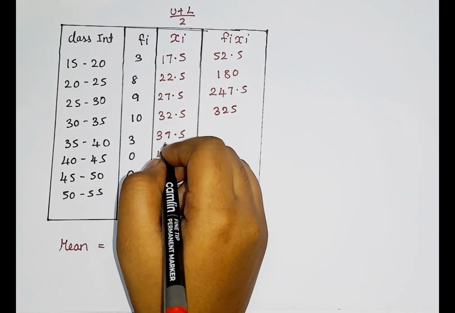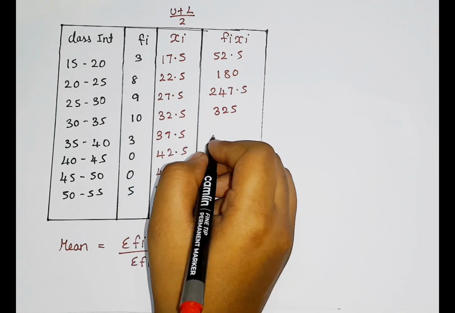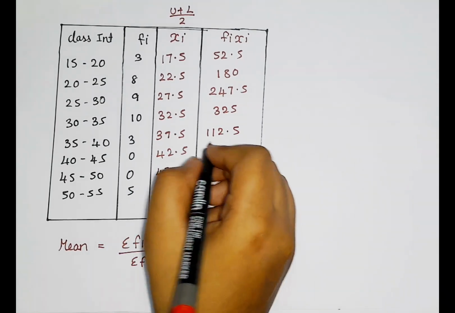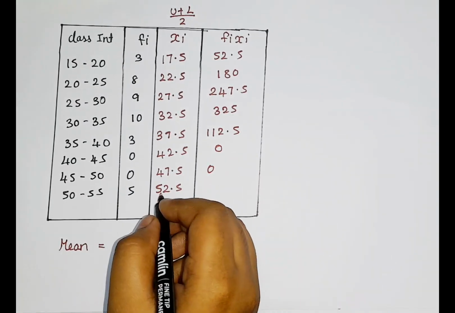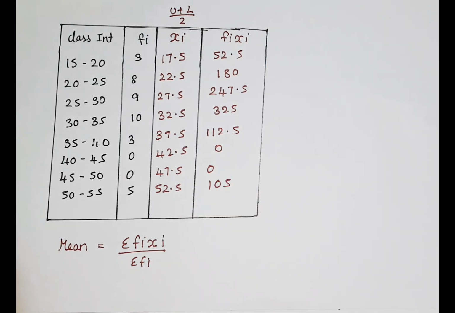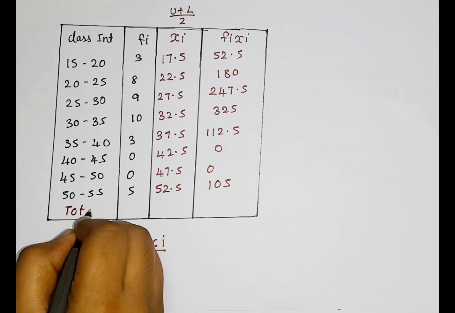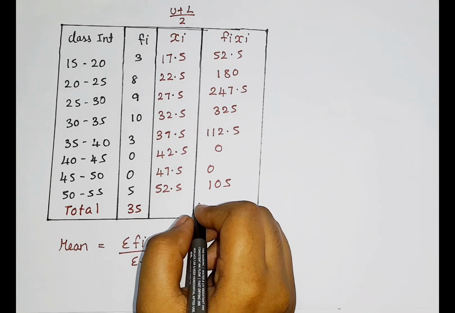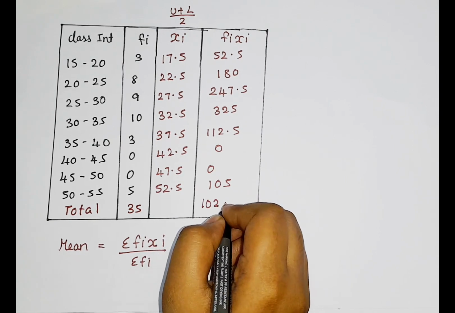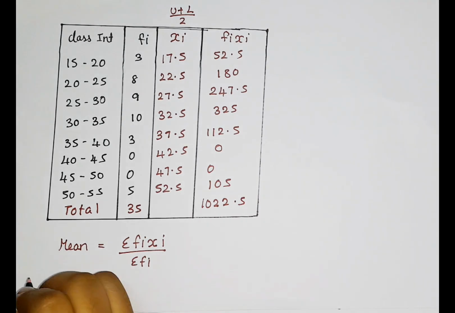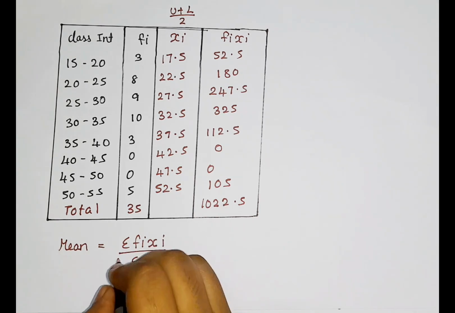And 3 into 37.5 is 112.5, and here of course it is 0, and here also 0, and here when we multiply we will get 105. Now we are supposed to do the total. When we do the total, we'll get 35 over here, and then here we'll get 1022.5.